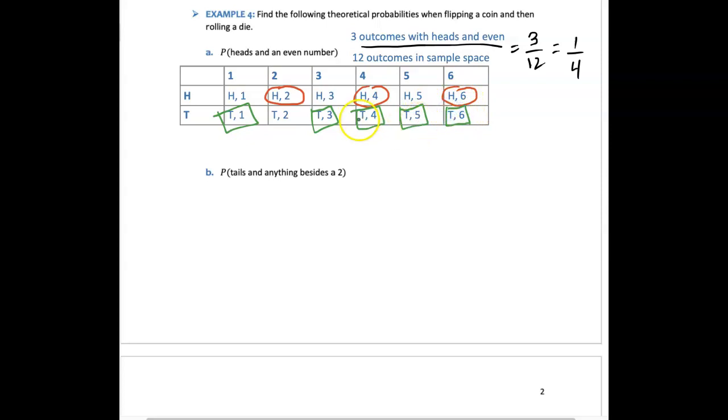So again, in those green boxes, those 5 outcomes are where I flip tails and roll anything besides a 2. So 5 outcomes with tails and anything besides a 2 out of 12 outcomes in the sample space gives a probability of 5/12.